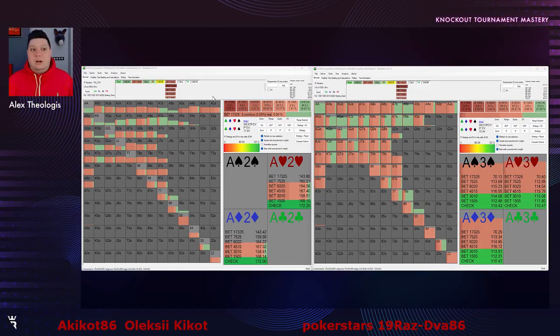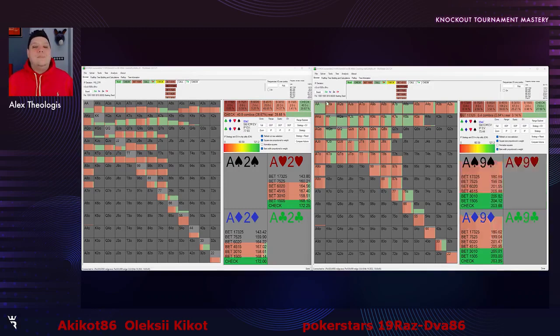The covered stack on the turn doesn't really want to barrel as much and bluff as much because he is covered. But on the other hand, the covering stack's flop continuing range is going to be much wider, as we saw. So then this again pushes the in position or the covered stack to bet more because of the immediate auto folds in the covering stack's range. And we can see this very clearly: the betting frequency on the turn is pretty much identical.